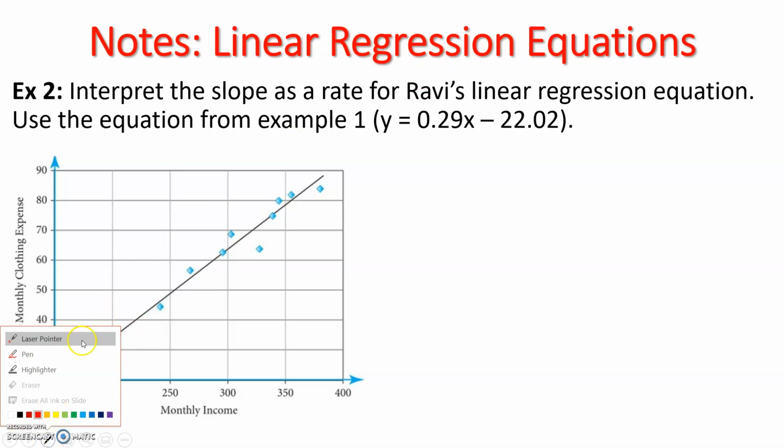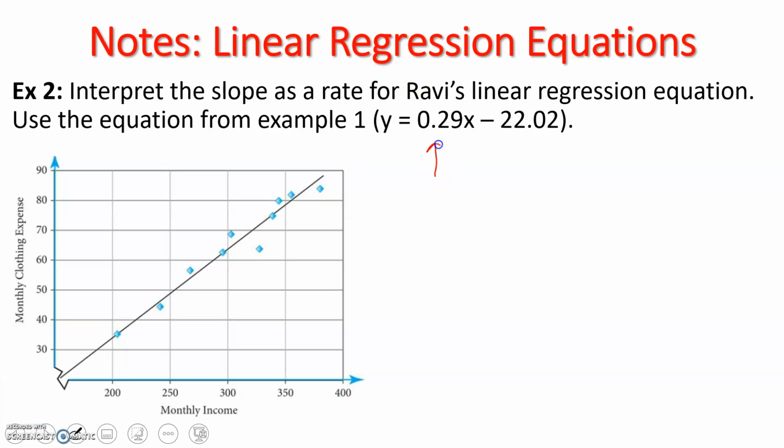First off, I'm just going to write on here for us. We know that this number here is the slope, and slope is a rise over a run, also known as a change in y values, the up and down, over a change in x, the left and right.